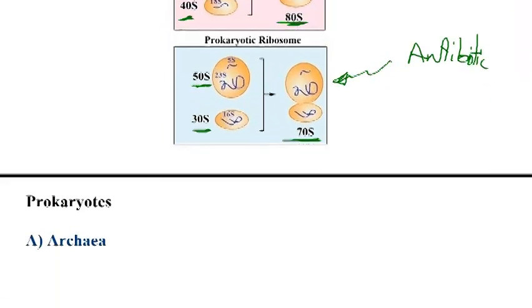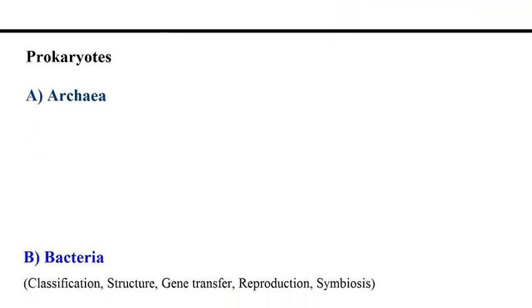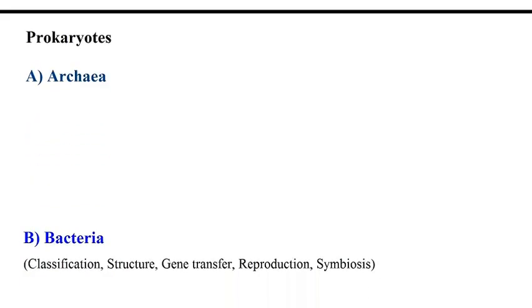Now let's move on to different classification of prokaryotes. So as we just discussed, there are two types of prokaryotes. One is archaea and the second one is bacteria. So archaea has some features of eukaryotic cells.